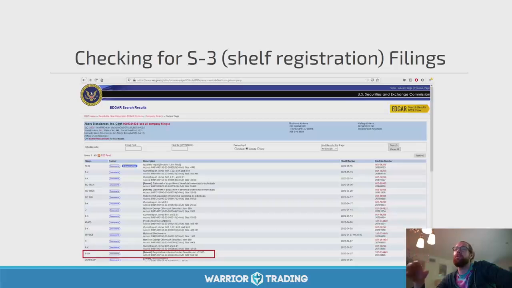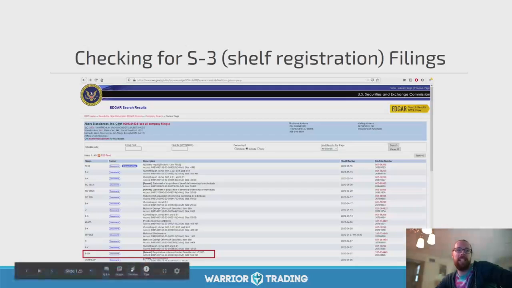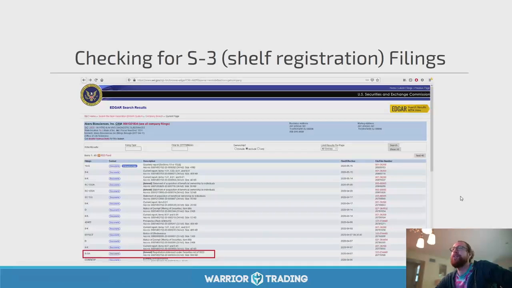Because shelf registration gives them the opportunity to do the secondary offering, I believe, anytime within 3 years of the registration. So if you go back and you saw that a company had a $200 million shelf registration, that may be valuable information as you're thinking about certainly swing trading the stock and holding it overnight.